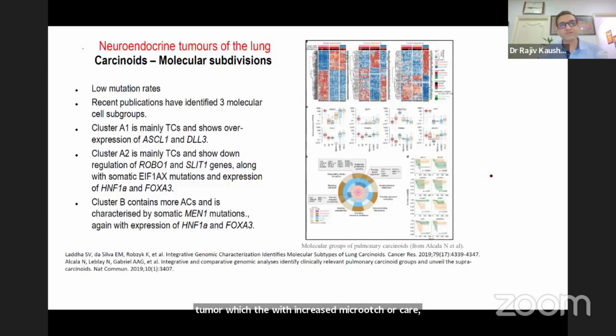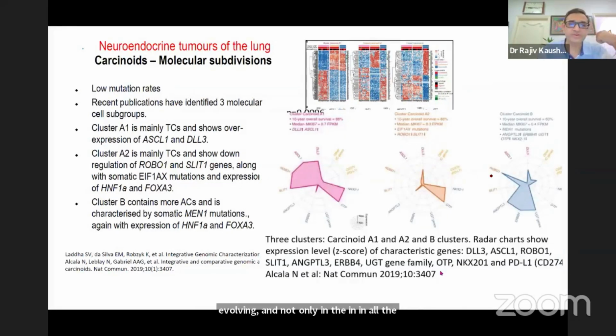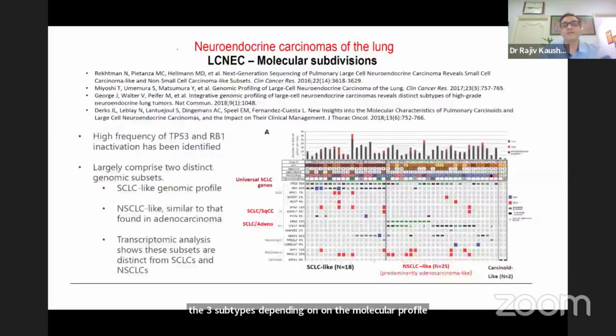And lastly, to touch a little bit on the molecular classification, that is also evolving, and not only in all the categories of neuroendocrine tumors. Typical carcinoids are now molecularly categorized into 3 subtypes depending on the molecular profile, but it is not very commonly used in clinical practice.